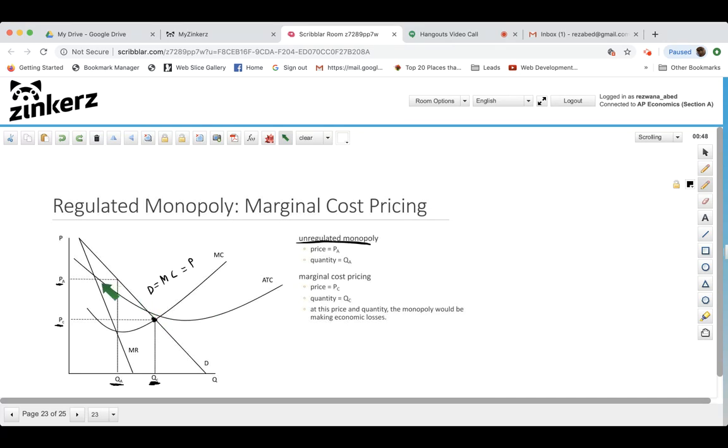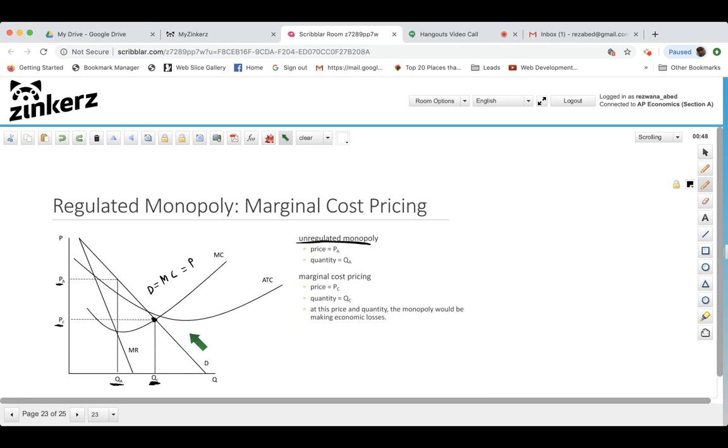But what do you notice about this price PC? Is it higher or lower than the average total cost? If they're producing QC, isn't it the case that their average total cost of producing QC is higher than the price?